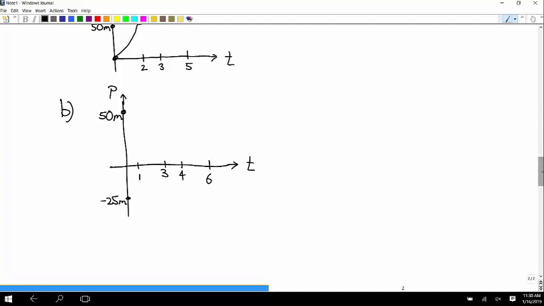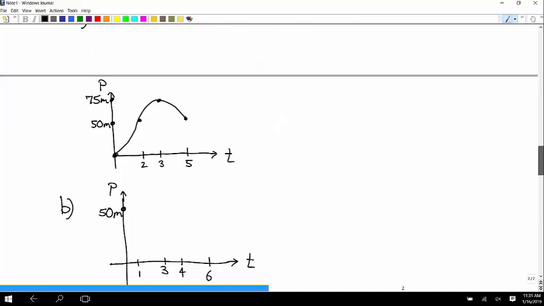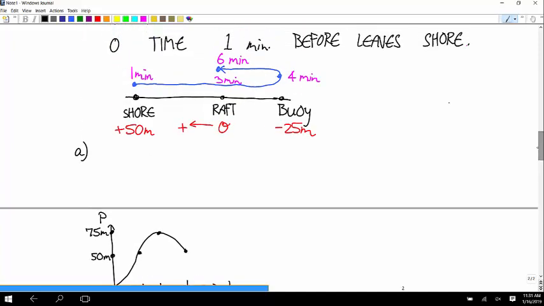Okay, so now what are the coordinates of that first point? When the swimmer leaves the shore, we're at 1, 50. So the swimmer starts there. The next instant that matters is 3, 0. Okay, that's the coordinate.